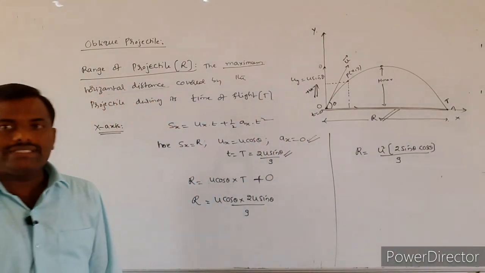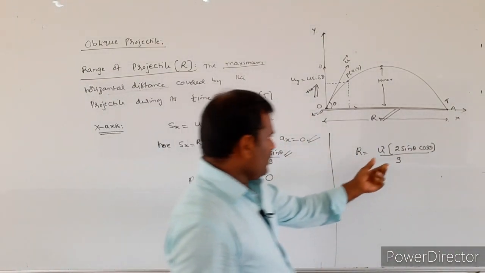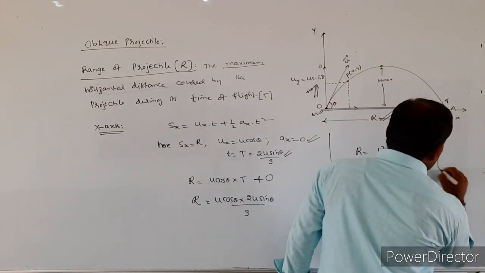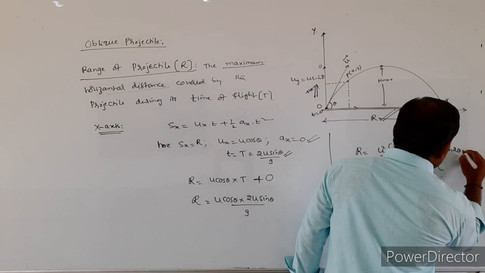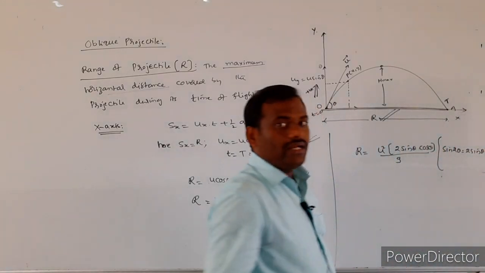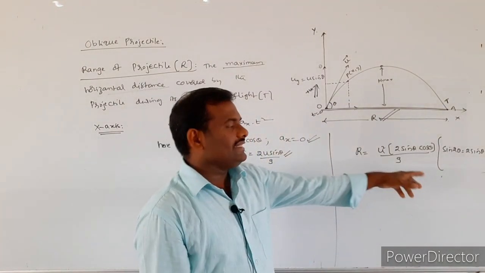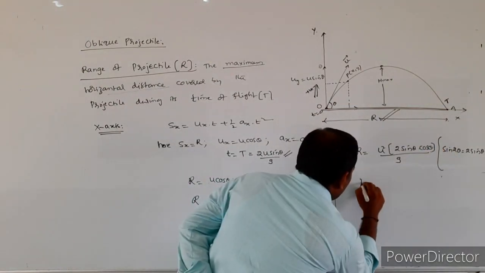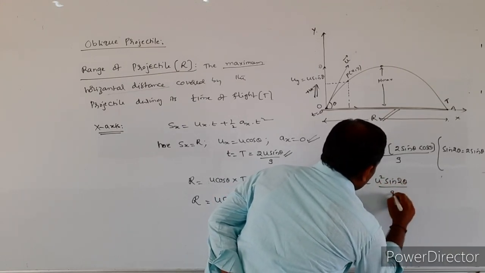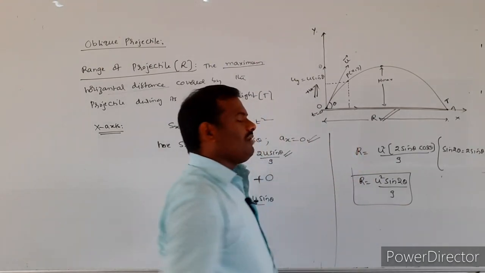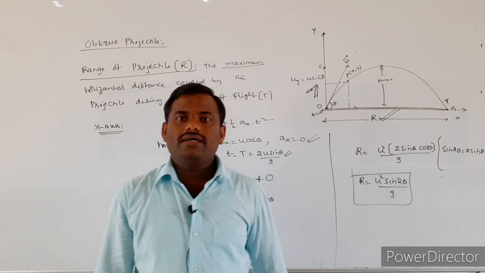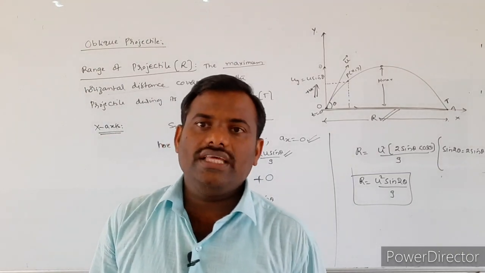In trigonometry, sin 2 theta is equal to 2 sin theta cos theta. Therefore, R is equal to u squared sin 2 theta by g. This is the expression for the range of the projectile.